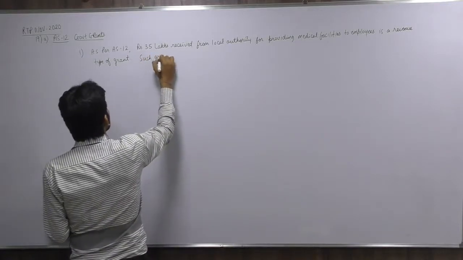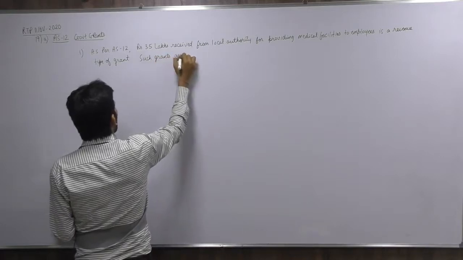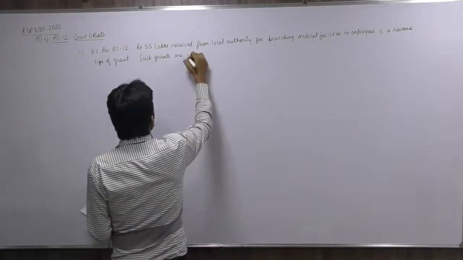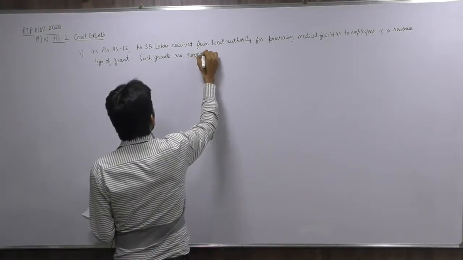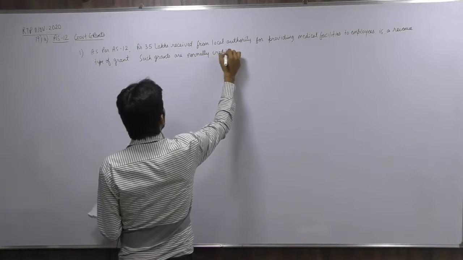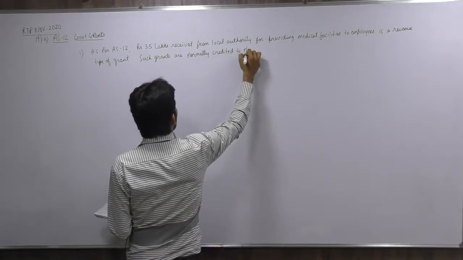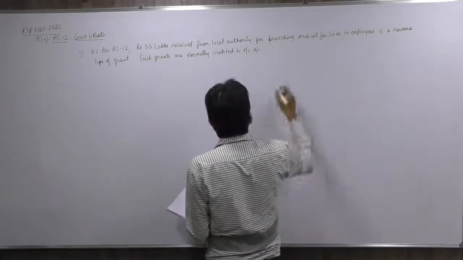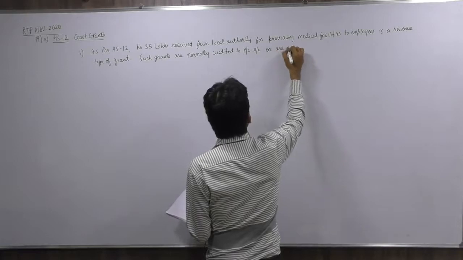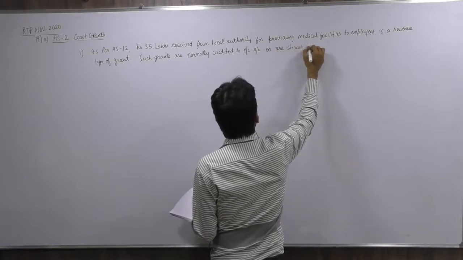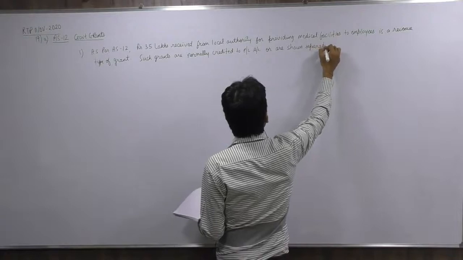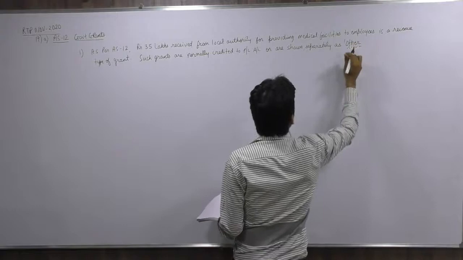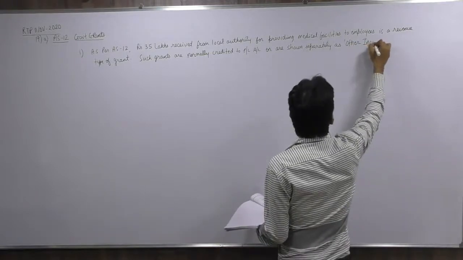Such grants are normally credited to P&L account or are shown separately as other income.